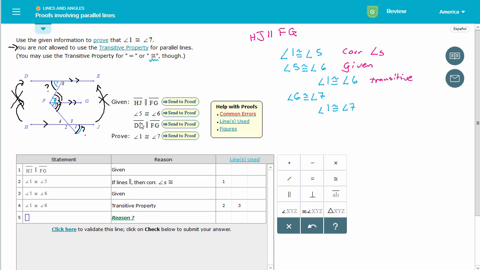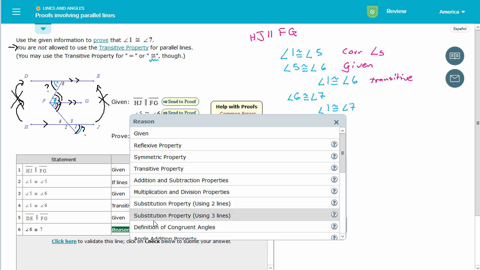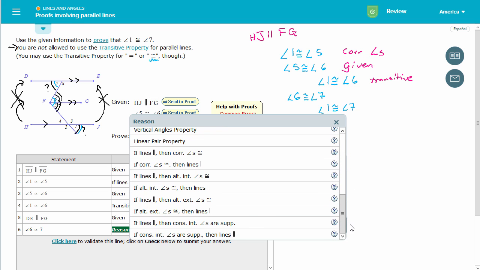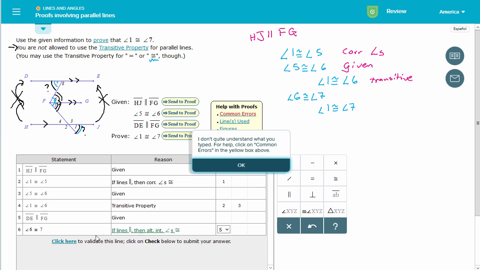So I need to say that DE and FG are parallel. And then angle 6 is congruent to angle 7, because if lines are parallel, alternate interior angles are congruent. Here it is, alternate interior angles. And line 5 was where we said the lines were parallel.